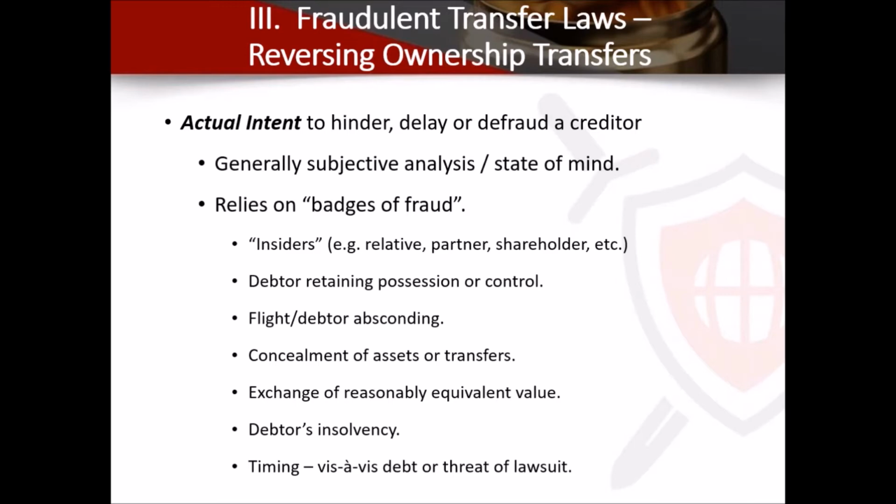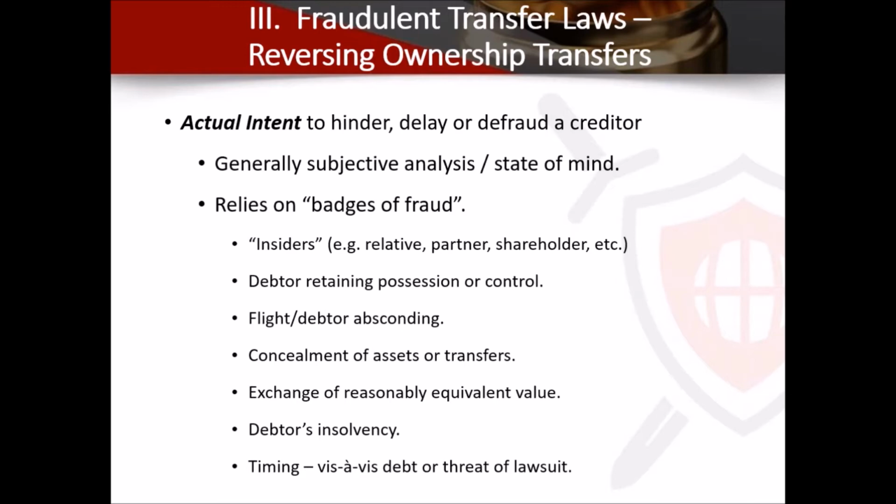So if someone actually intends to avoid the creditor, how do you show it? It's what someone's thinking. How do you show that? And I'll tell you, we've been involved in dozens of these cases. It's pretty hard to prove. And we'll go through some of the reasons why, but it's pretty hard to show exactly what someone's thinking.